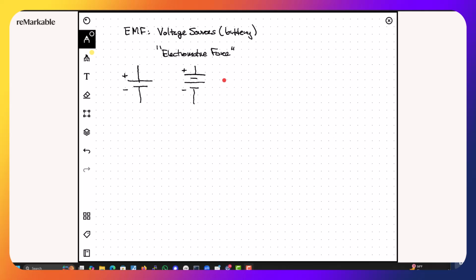And we label these perfect batteries as the voltage difference, like the voltage on a battery, voltage difference E. So now we could actually build a circuit.